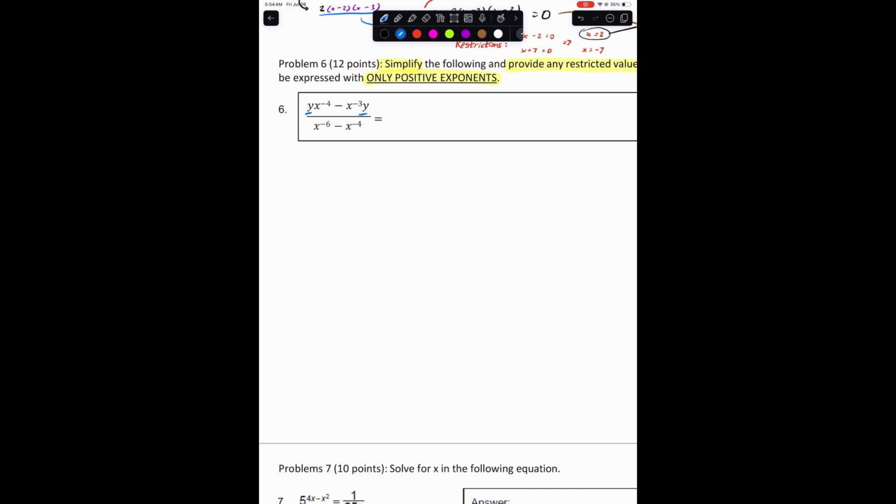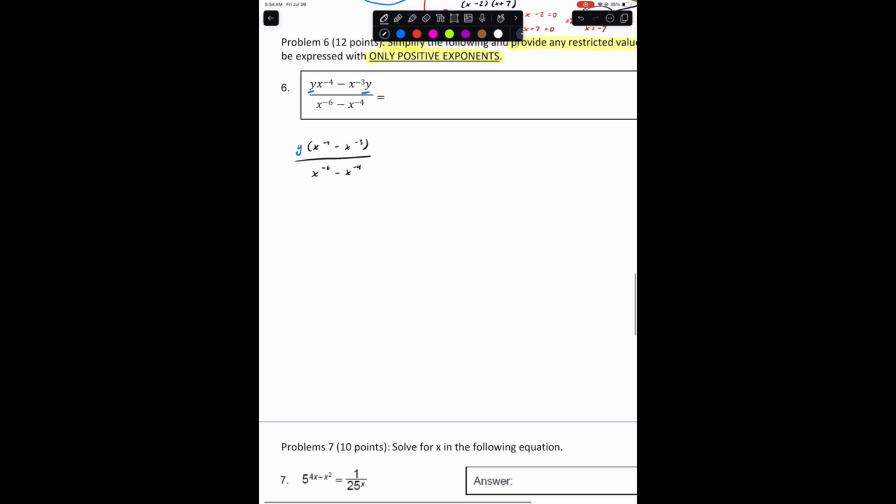And I can have y times x to the negative 4 minus x to the negative 3 over x to the negative 6 minus x to the negative 4. Now, this y is a constant factor. So what I can do is actually isolate the entire fraction by itself.